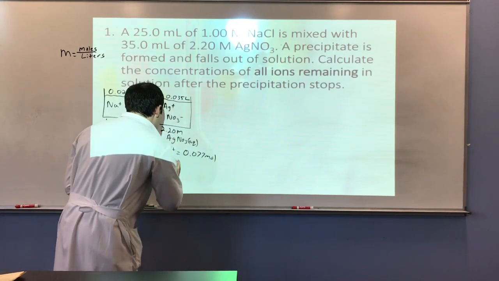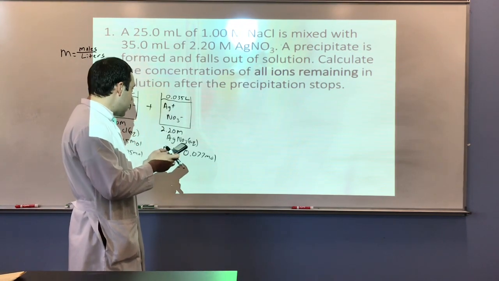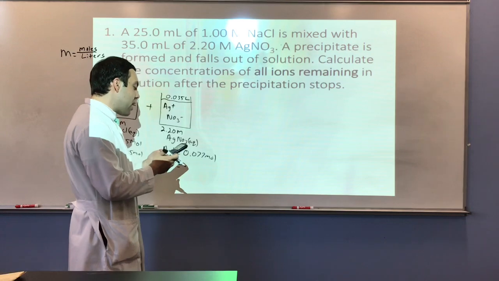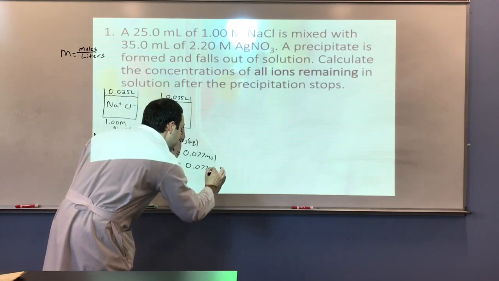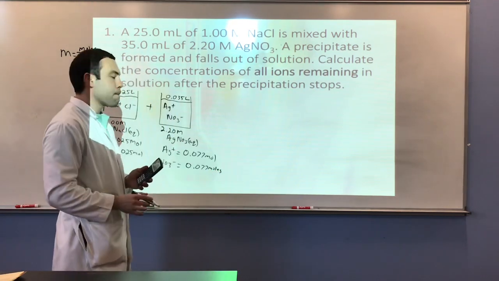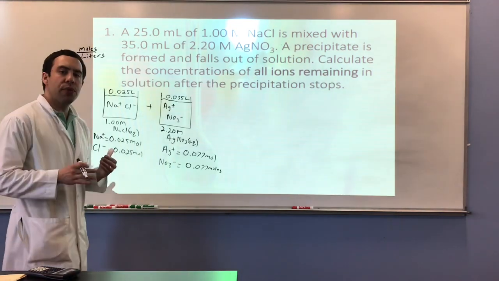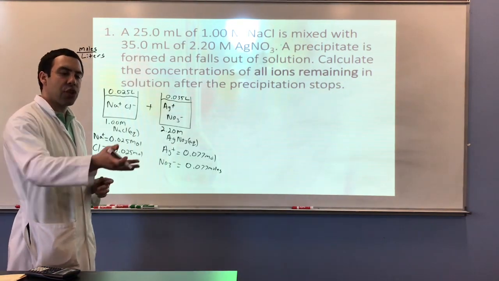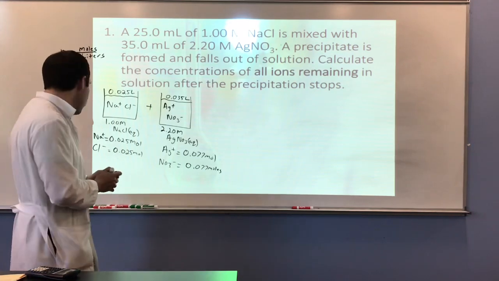I do the same thing for nitrate. I'll do it again just to check my work. 2.20 times 0.035 is going to once again give me 0.077 moles. Now we have to decide who precipitated out of the reaction. What was that white substance that fell to the bottom of the beaker?